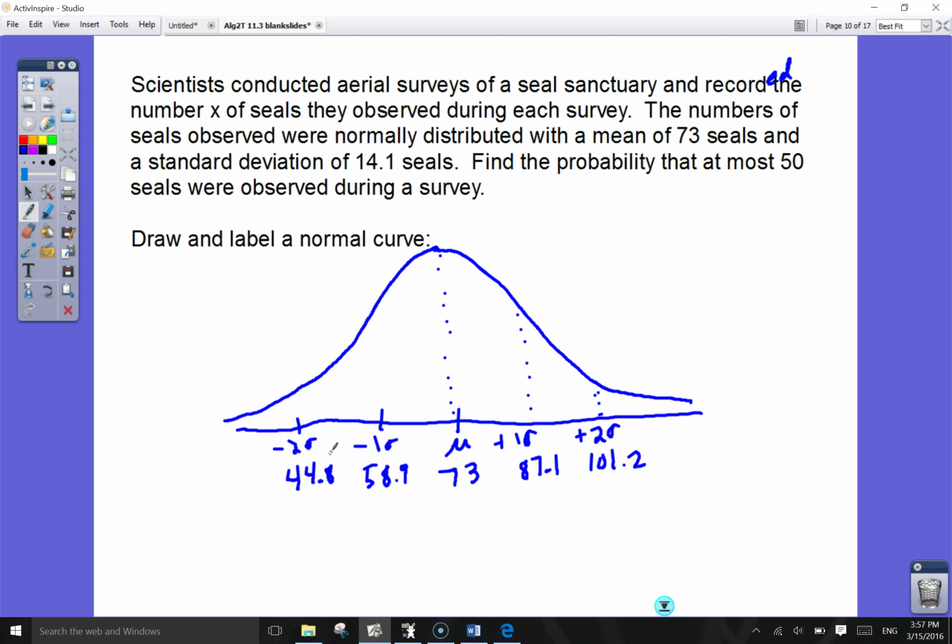So when you label the curve, you'll see the mean. You don't really see the standard deviation, but you could figure it out by the numbers that are plotted. I needed to know that 14.1 to figure out these numbers.